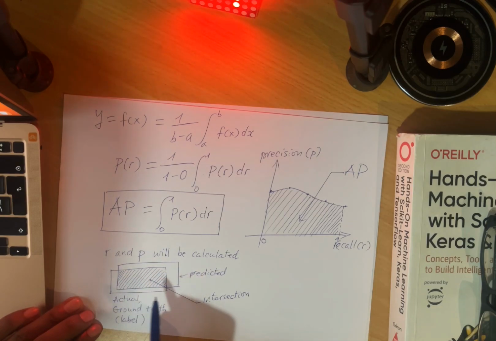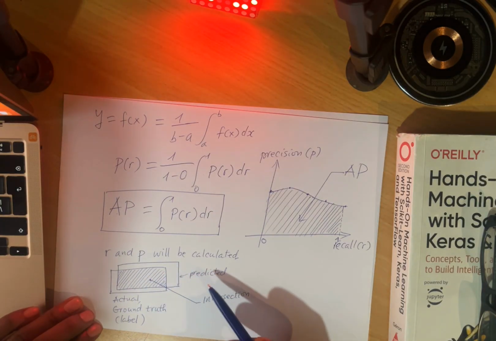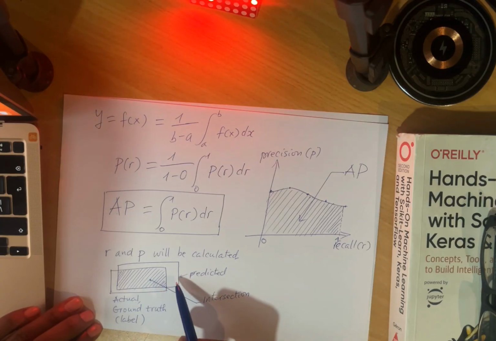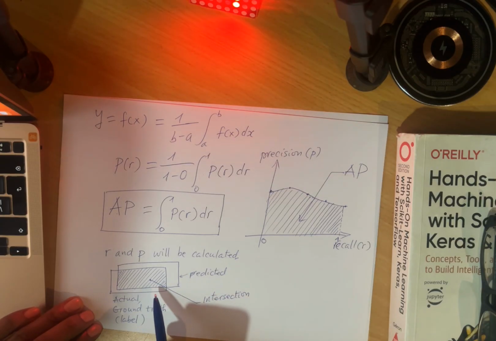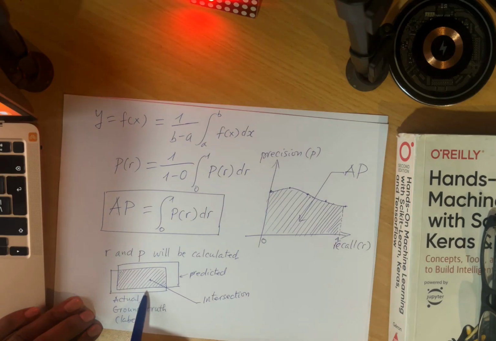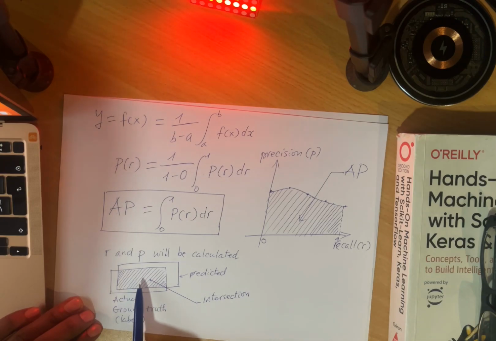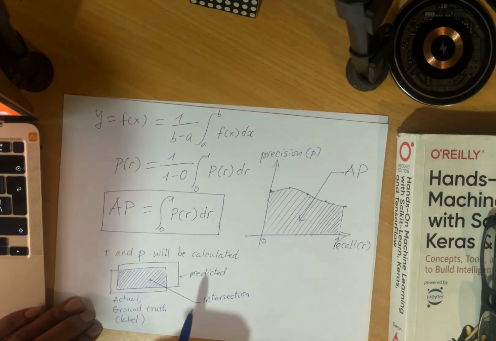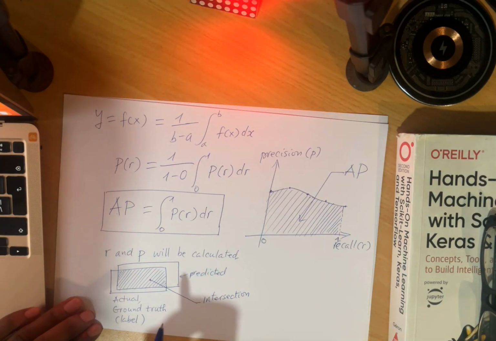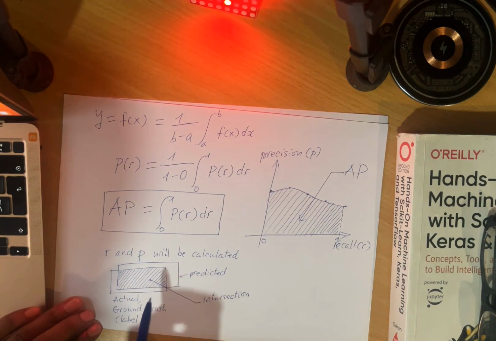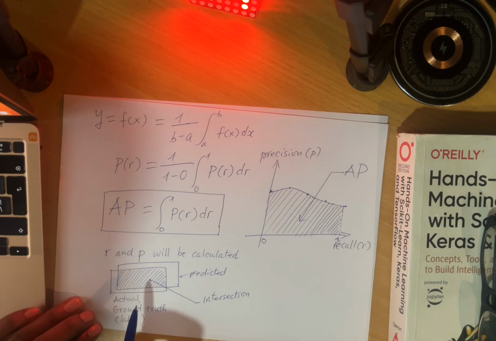And if this intersection is huge, is big, actually if it tends to have the same size as the ground truth bounding box, it means the prediction will be more accurate, or will tend to have high precision.